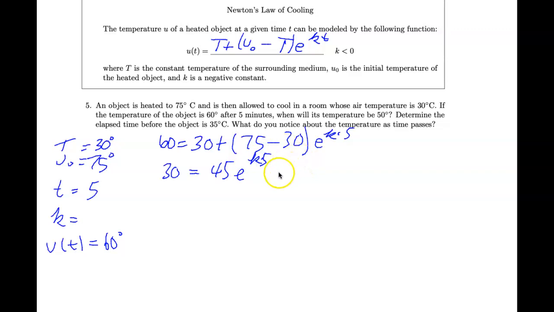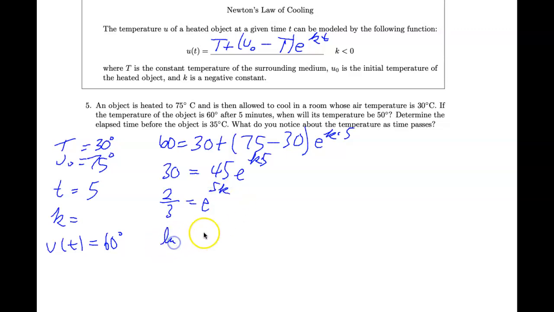We can solve for k by dividing both sides by 45. 30 divided by 45 reduces to 2/3, and it equals e to the 5k.